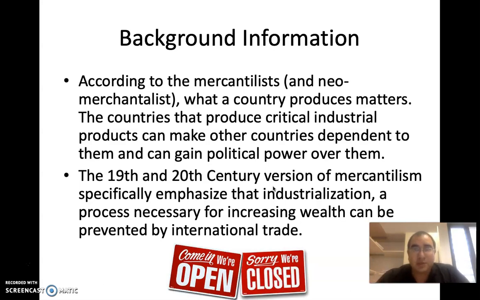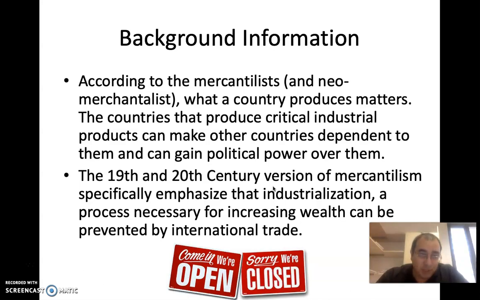The main question is usually that what a country produces matters, which means the countries that don't have an industrial base might focus on producing inputs like agricultural and mining products, so those countries might basically be specialized in being unproductive or underdeveloped.